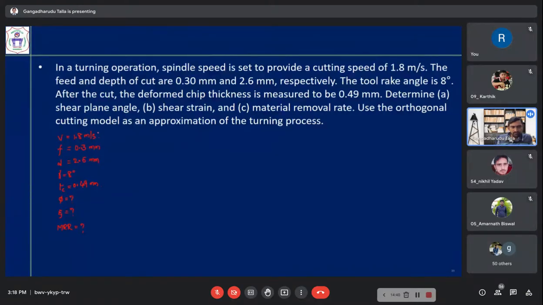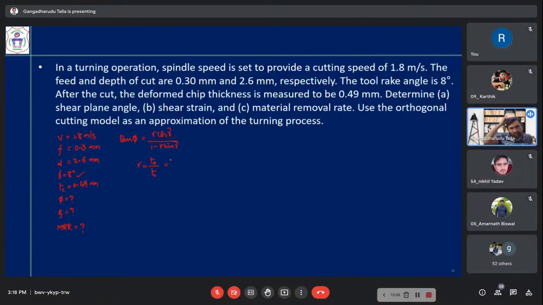Now we have to find phi. So for finding phi, we know that tan phi is equal to r cos gamma divided by 1 minus r sin gamma. So we know gamma. Now for r, it is TO by TC.